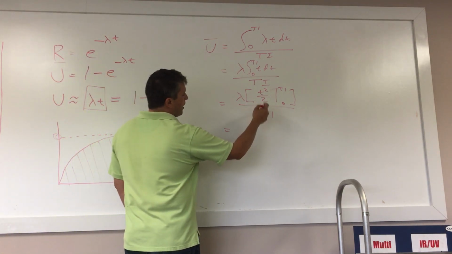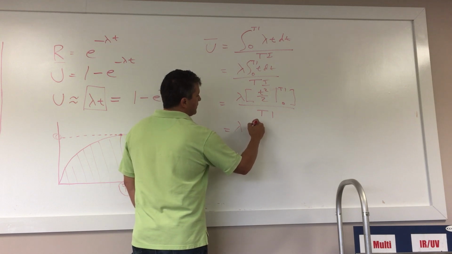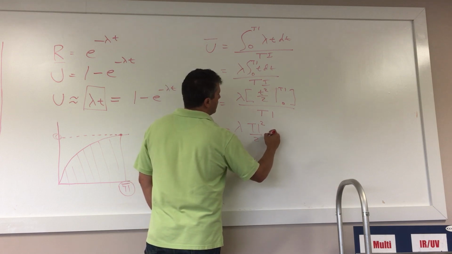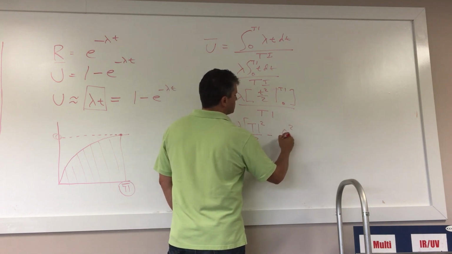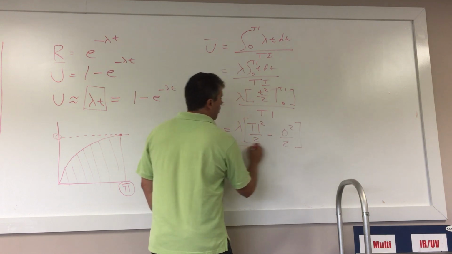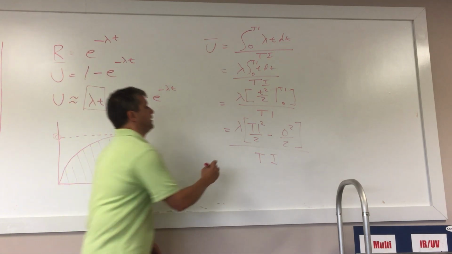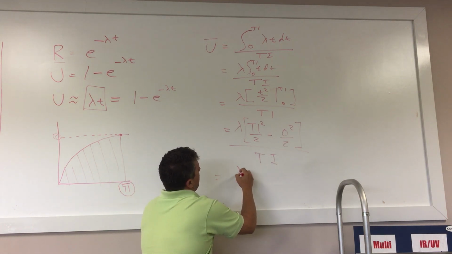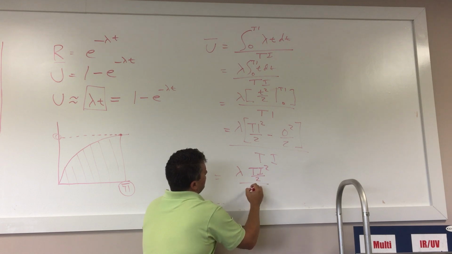Then I can expand that evaluation, so I'm going to have lambda times ti squared over 2 minus 0 squared over 2, all of that again over the test interval. If I knock that 0 out, now I've got lambda ti squared over 2 over ti.